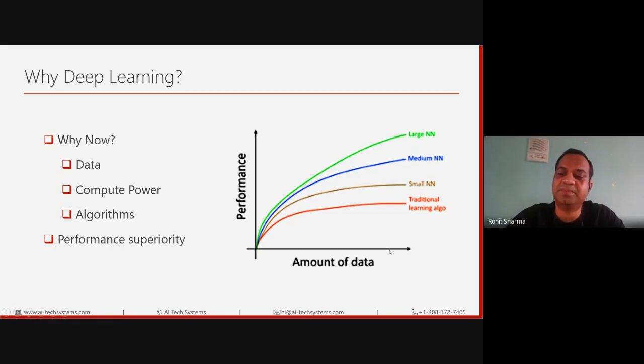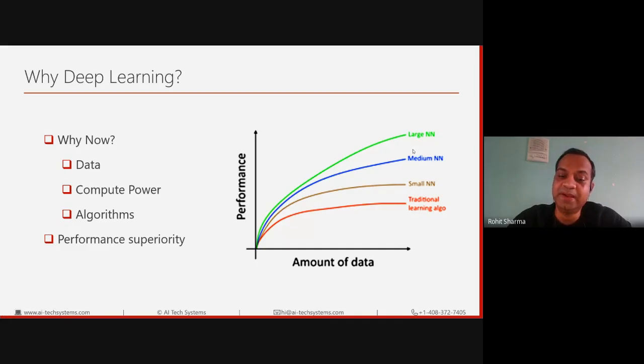So if you use small neural networks instead of traditional algorithms, then the accuracy becomes higher, and again it starts to flatten out after a certain point. At that point, you might want to increase the number of layers and neurons in your neural network, and it'll start to learn with better accuracy. Larger networks would give you more accuracy.